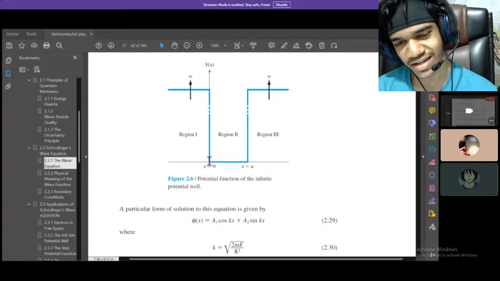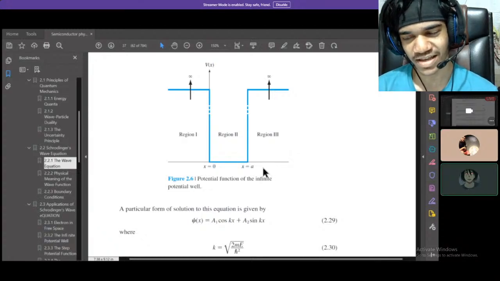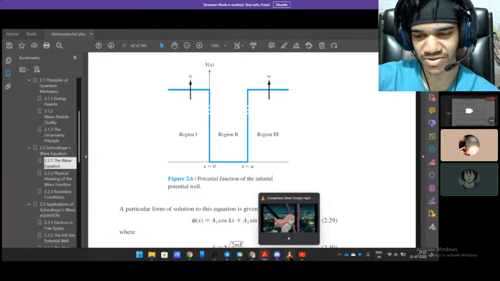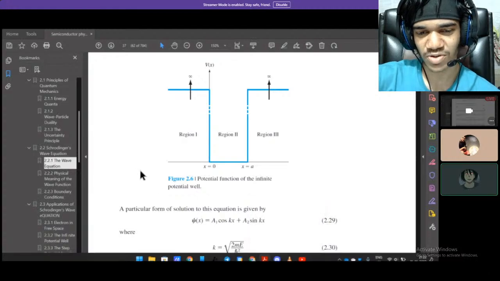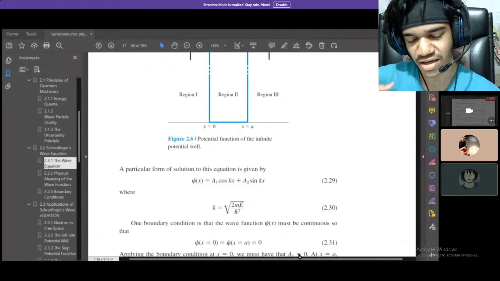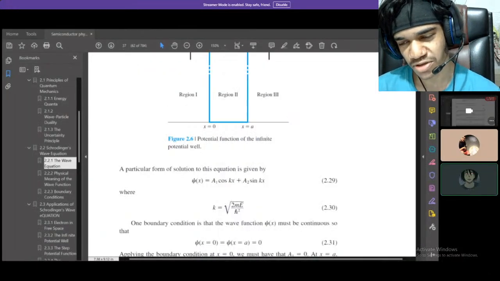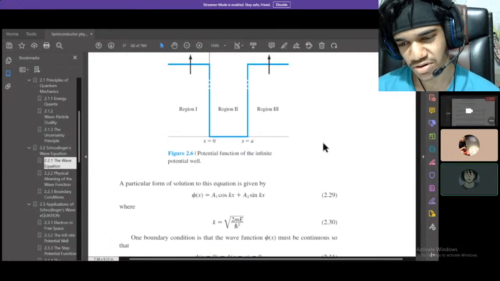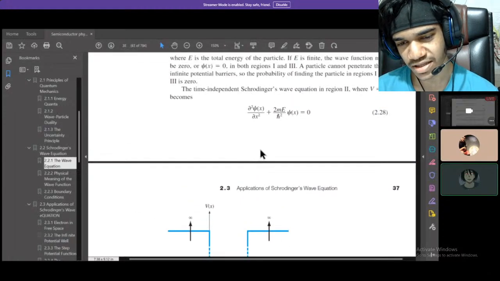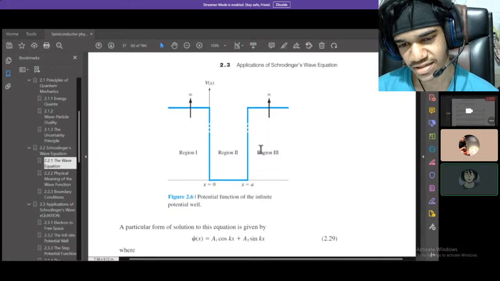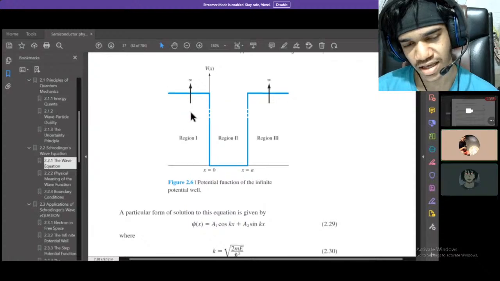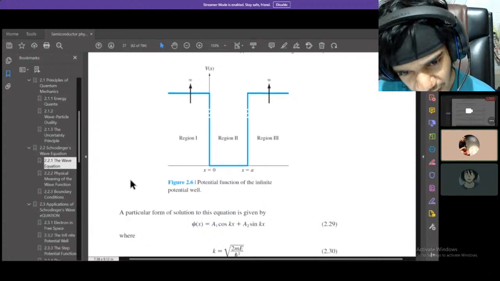Yeah, radius. No. Yeah, because here you can see there are three regions, but the thing is, this is written as infinite.